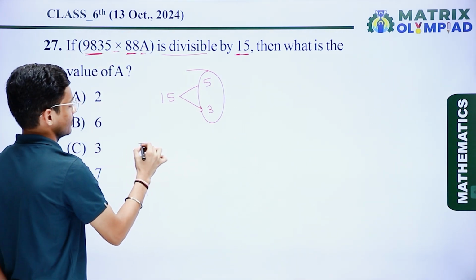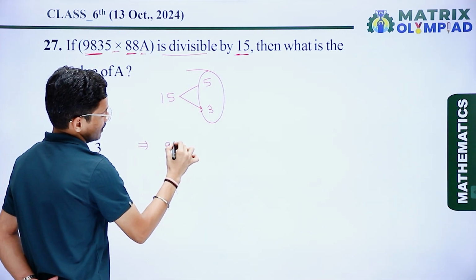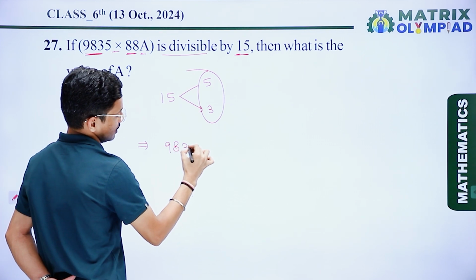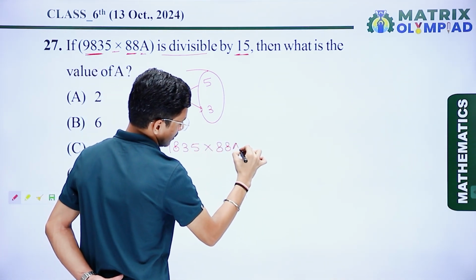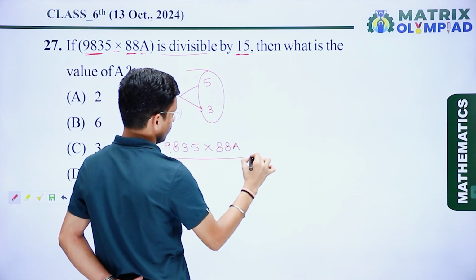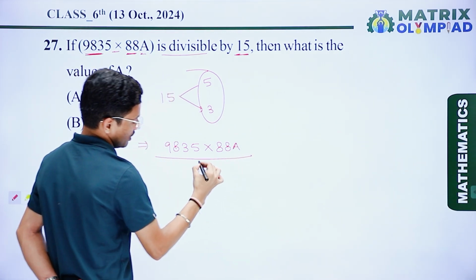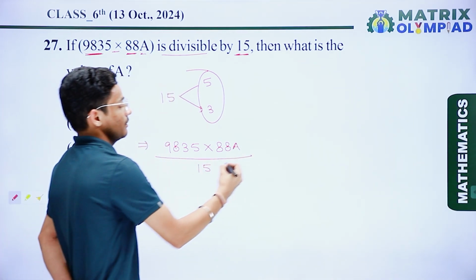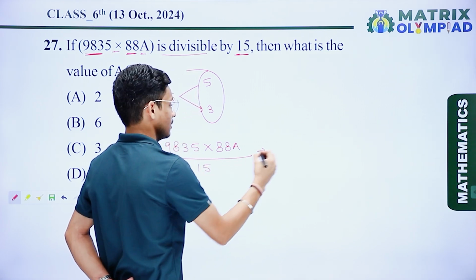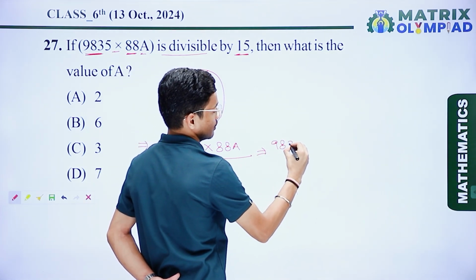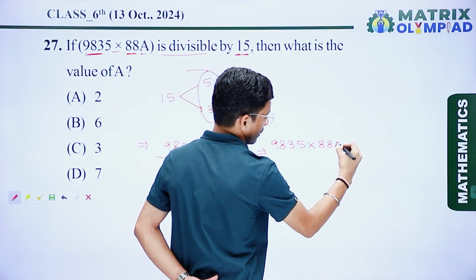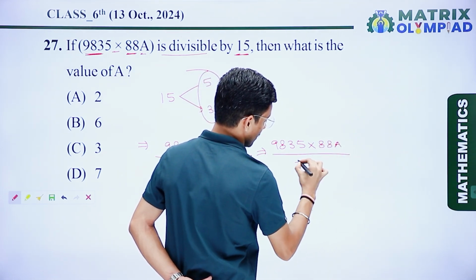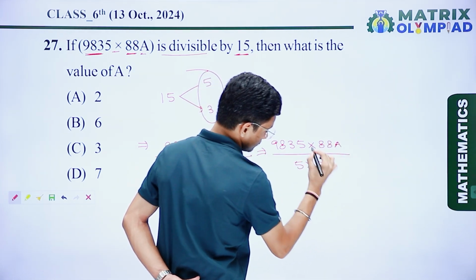So I can say that if I divide this number, 9835 multiplied by 88A, upon 15, I can write here 9835 multiplied by 88A divided by 5 multiplied by 3.